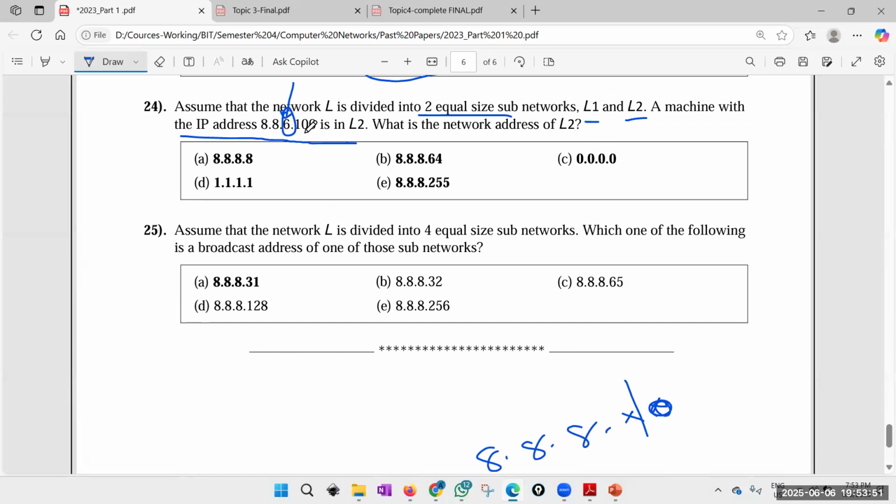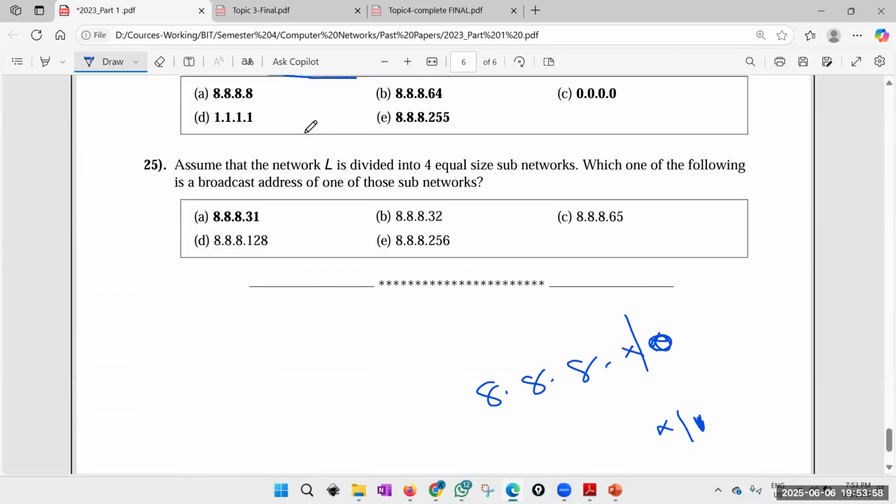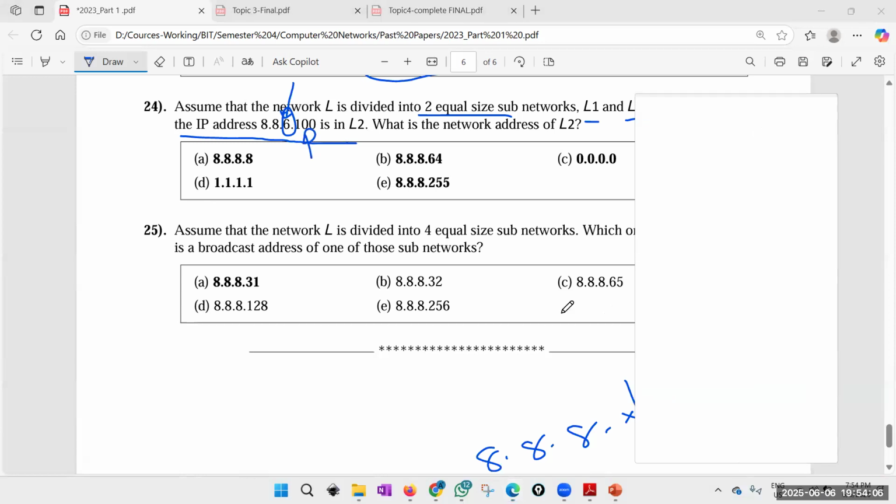Which network is 100 in? It must be related to this machine. Should it be here or here? That is what we need to check.